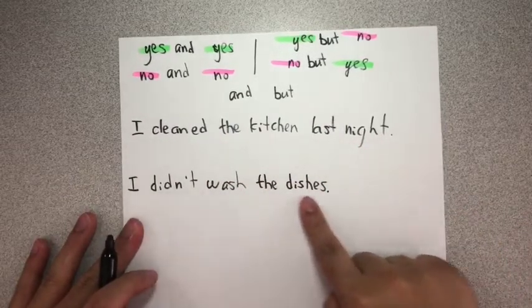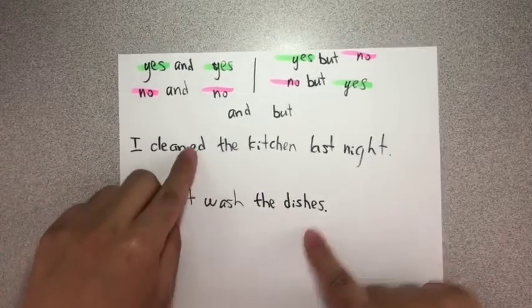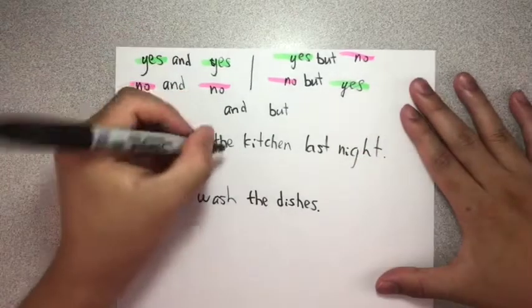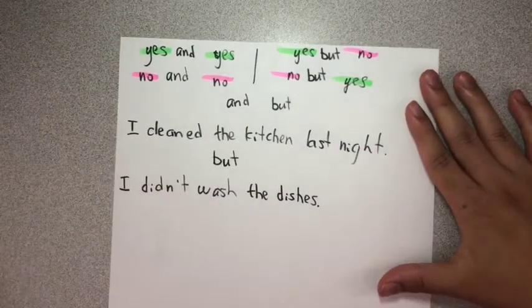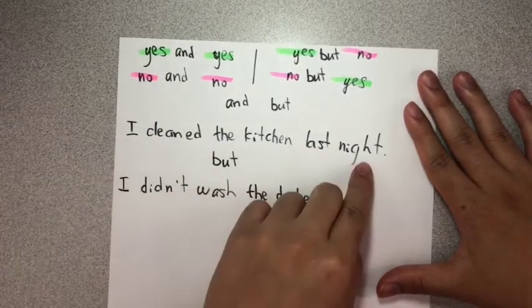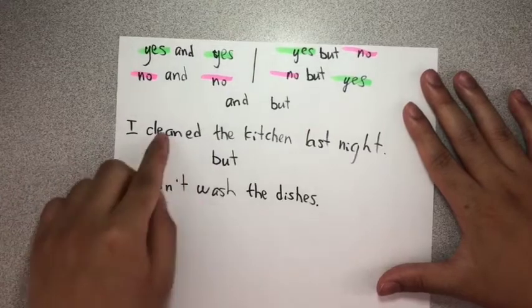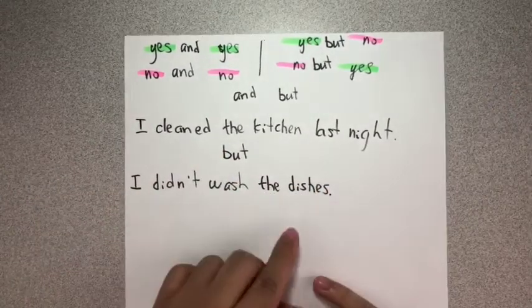I didn't wash the dishes. This sentence is no. So we have yes, we have no. If we put them together, we have to use the word but. I cleaned the kitchen last night, but I didn't wash the dishes. This is yes, this is no. I cleaned the kitchen last night, but I didn't wash the dishes.